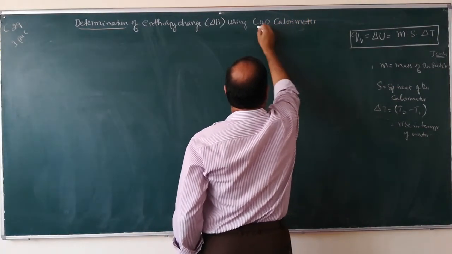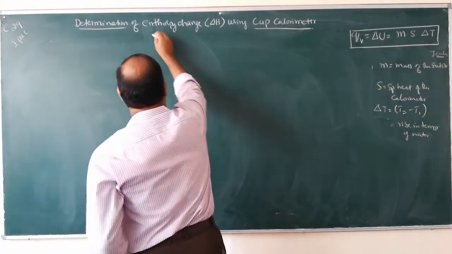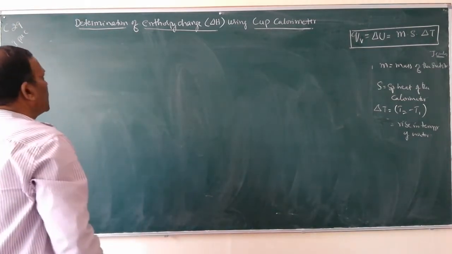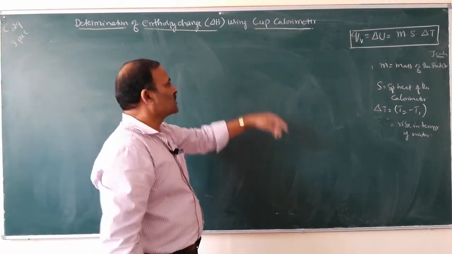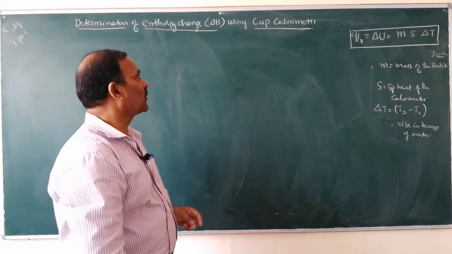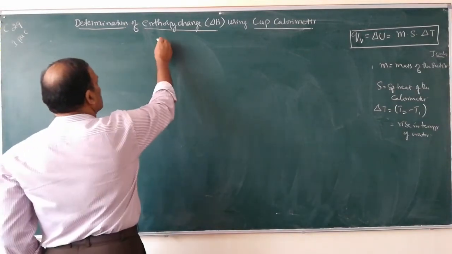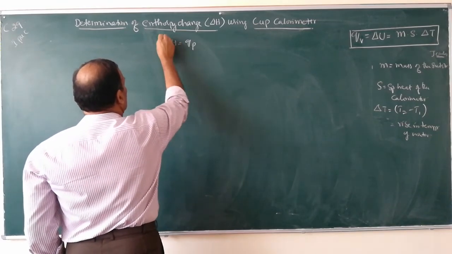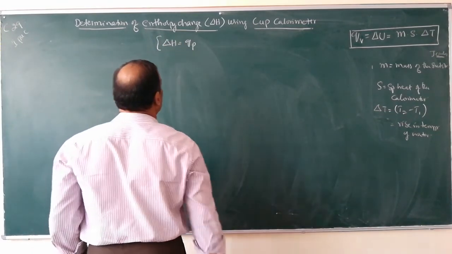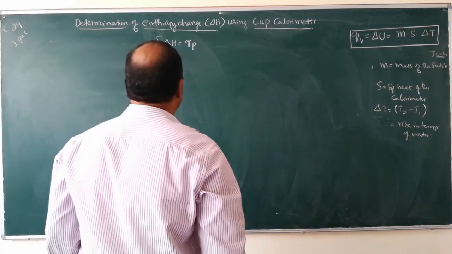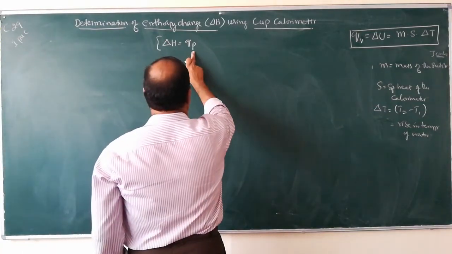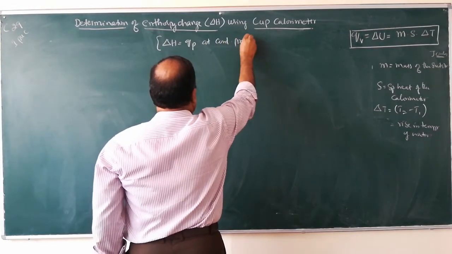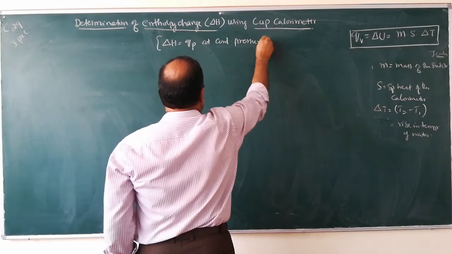Internal energy change is determined using bomb calorimeter. Enthalpy change delta H is determined using cup calorimeter. Delta H is equal to QP. Enthalpy change is equal to the amount of heat liberated or absorbed at constant pressure.